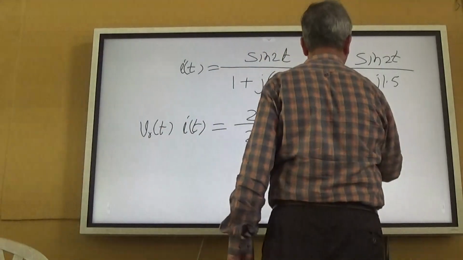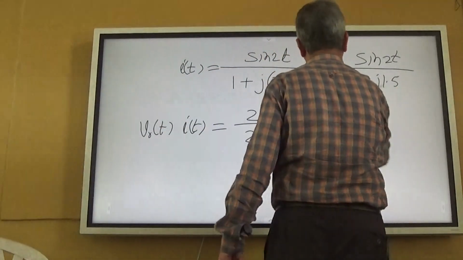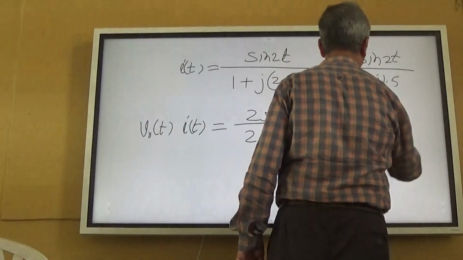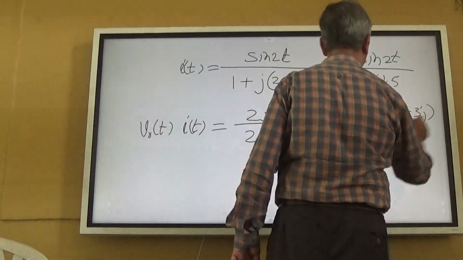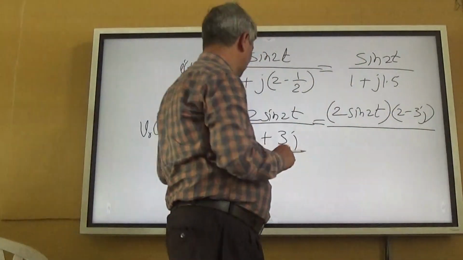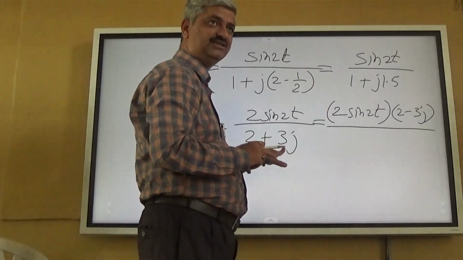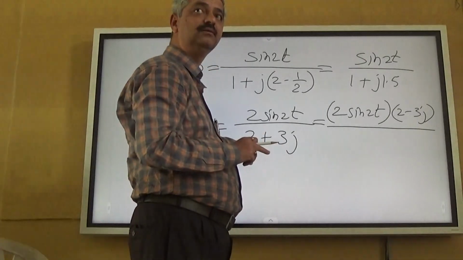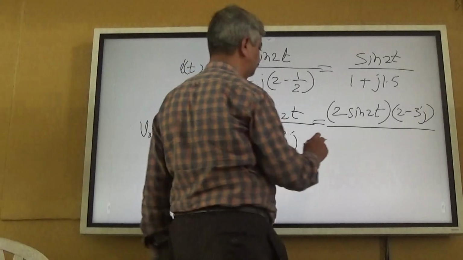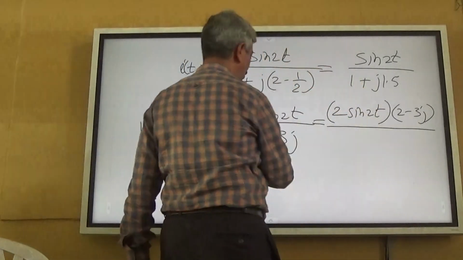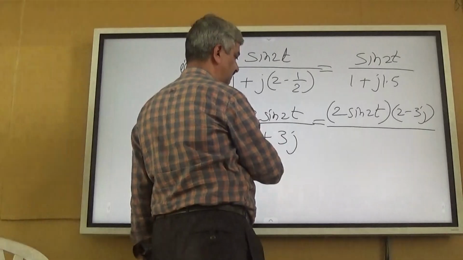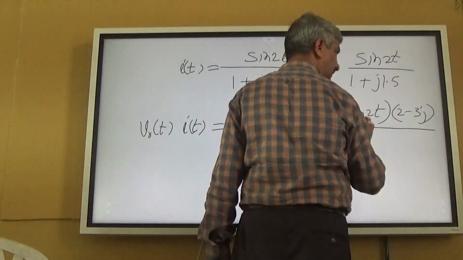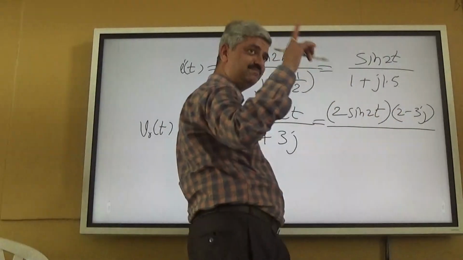2 into bracket sin 2t into bracket 2 minus 3j, and denominator काय येणार? 4 plus 9. 2 plus 3j into 2 minus 3j is a square minus b square.